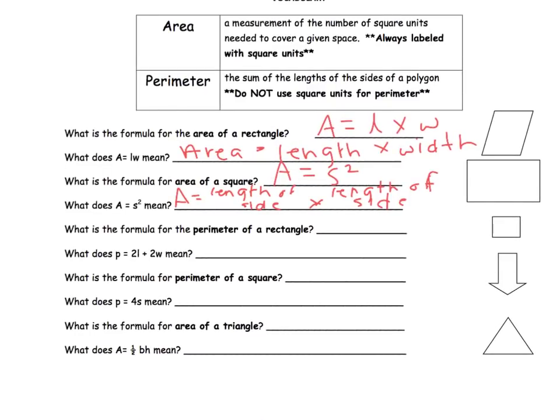What is the formula for perimeter of a rectangle? P equals 2L plus 2W. What does P equals 2L plus 2W mean?